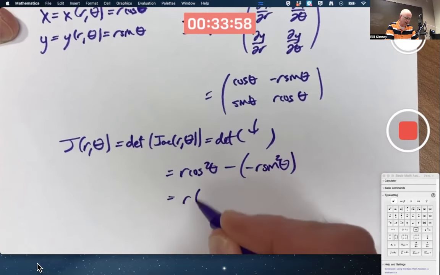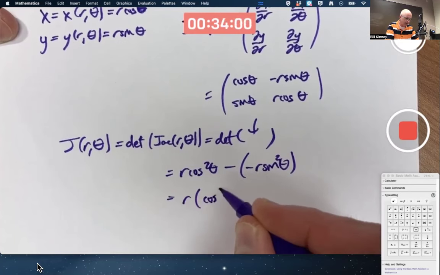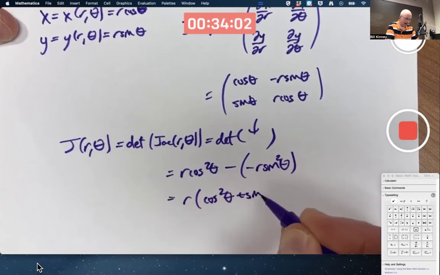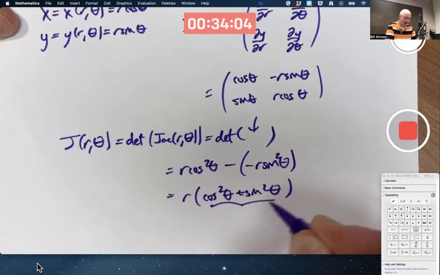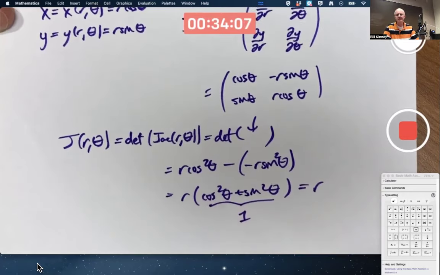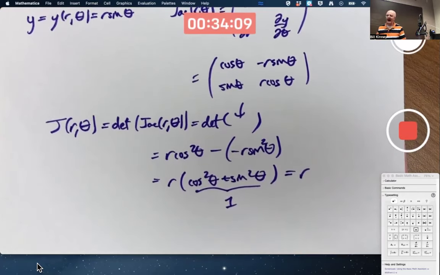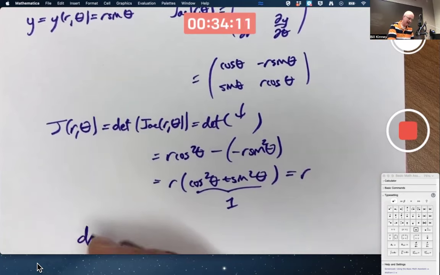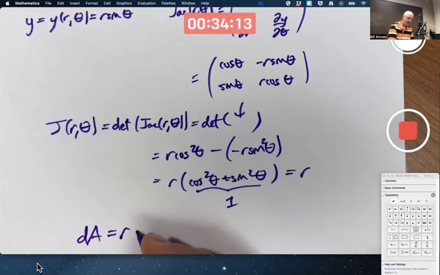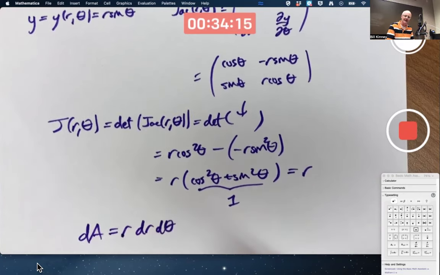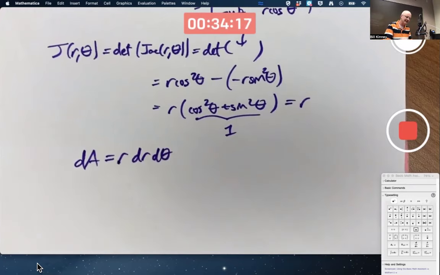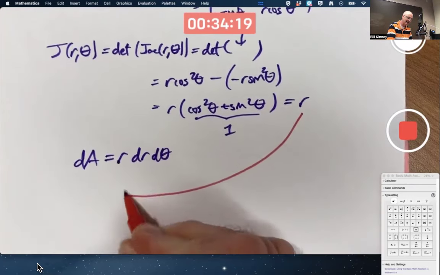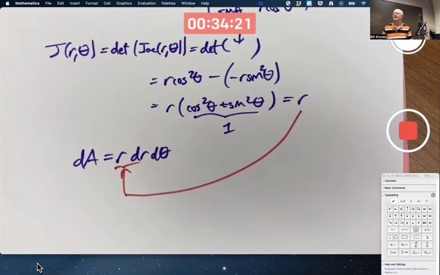That becomes r times, in parentheses, cos squared theta plus sine squared theta. 1, which equals r, which is the extra factor in the dA when you use polar coordinates, r dr d theta. That r there is coming from the r there.